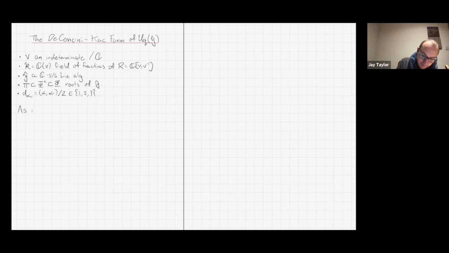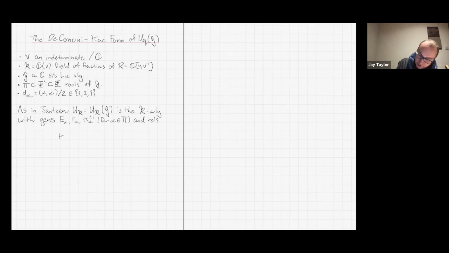Right, so it's been a while, so let's just recall a few things. As in Jantzen, I'm going to let U_K be the K-algebra with generators E_alpha, F_alpha, K_alpha plus or minus 1 for alpha in the simple roots Pi, and relations.